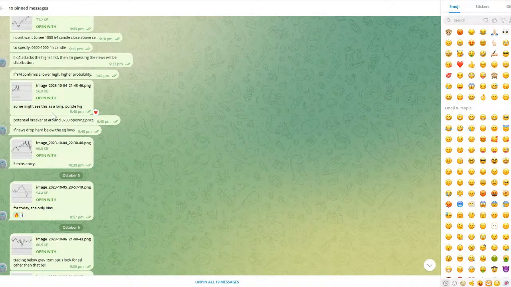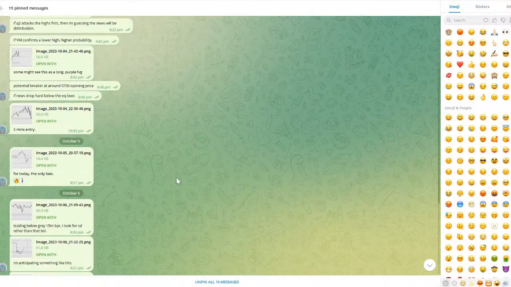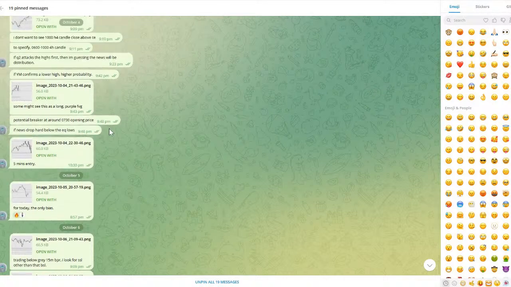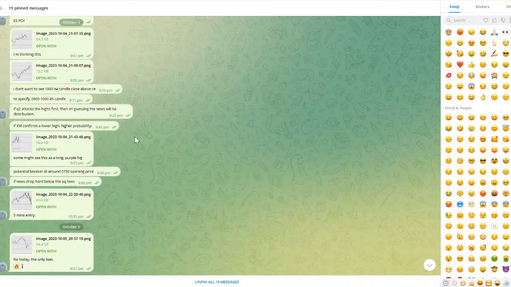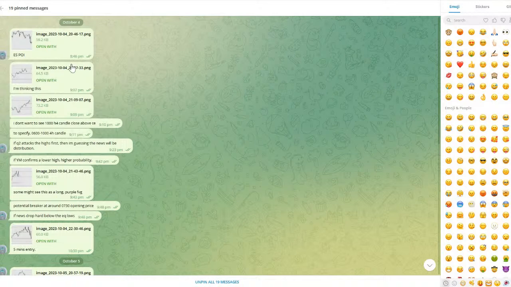So you can't really trust the pattern, I would say, without context and narrative. Okay, so context and narrative is very important right here. Okay, so that would basically end up my trading for October 4th.